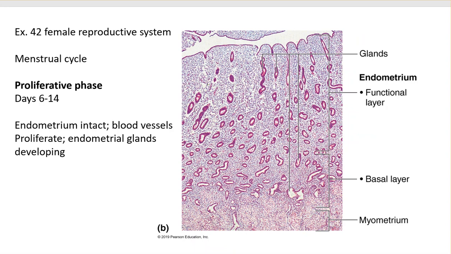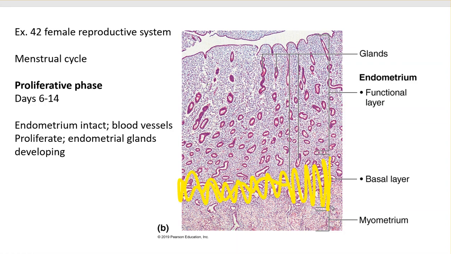We're increasing the size of our endometrium, getting it ready, making fertile ground again for a possible fertilized egg. Your endometrium has a couple of layers. It has a base layer, the layer that is closest to the muscle.